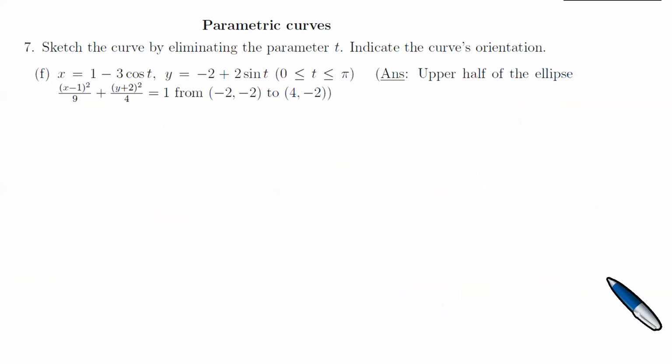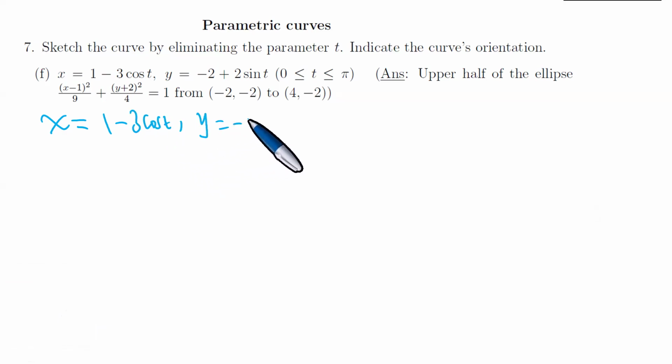Okay, if you look at F, similar. So x becomes 1 minus 3 cosine t. Y equals minus 2 plus 2 sine t.